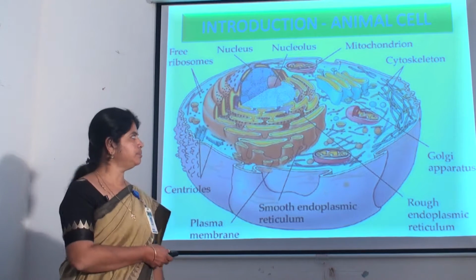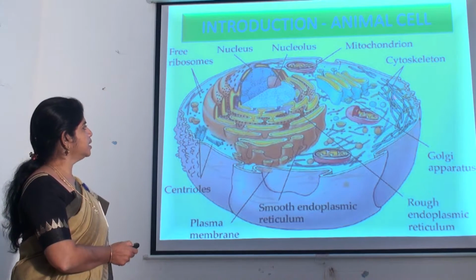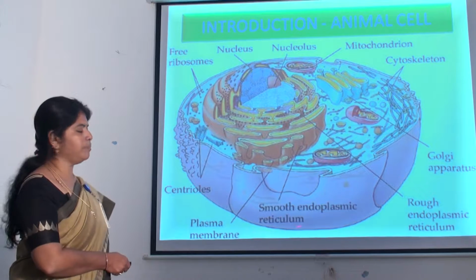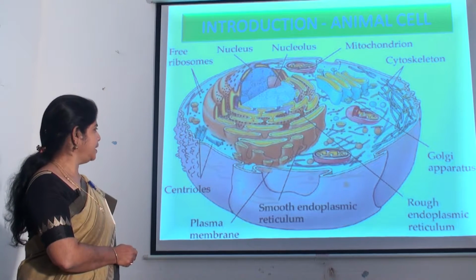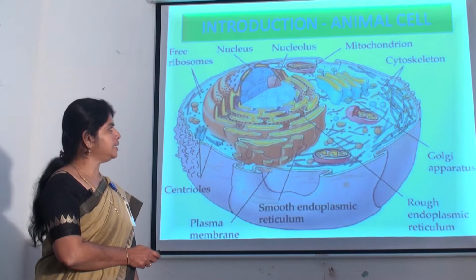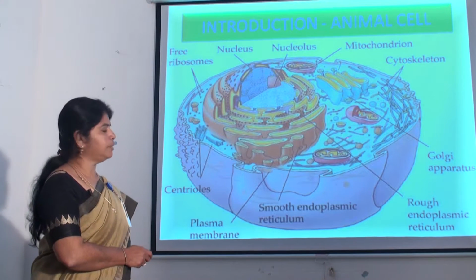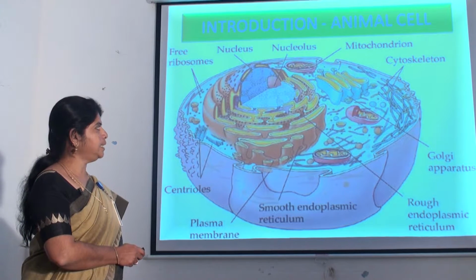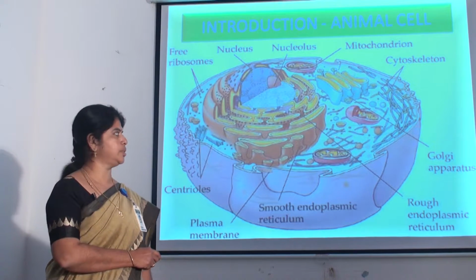So this is the image of the typical animal cell, which consists of an outer limiting membrane called the plasma membrane. Inside the plasma membrane it is fully filled with the cytoplasm, a fluid substance. Inside the cytoplasm all the other cell organelles are present.